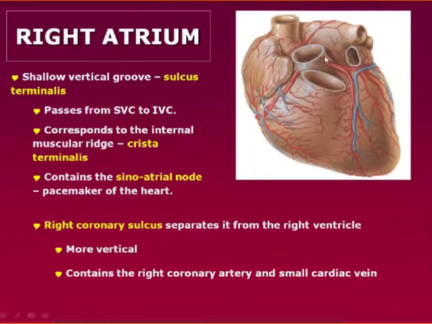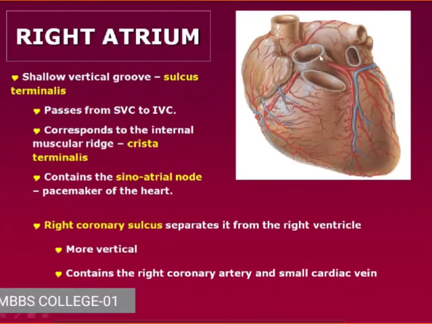Ascending aorta. So here there are three aortic sinuses. One is the right anterior aortic sinus, and the second one is the left posterior aortic sinus, and the third one is the right posterior aortic sinus, which is not seen here. So how many aortic sinuses are there which are arising from the ascending aorta?